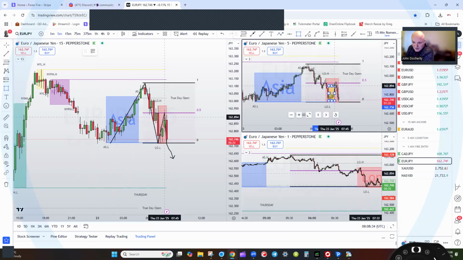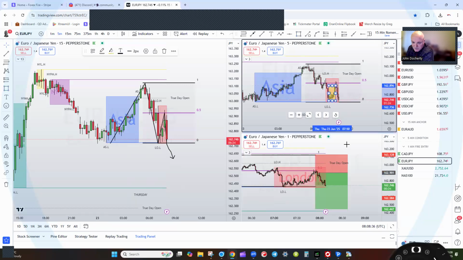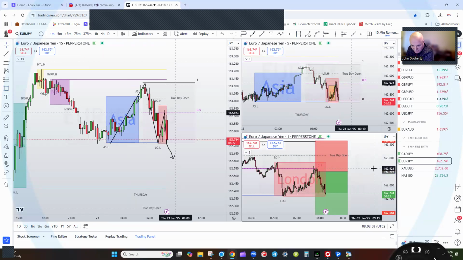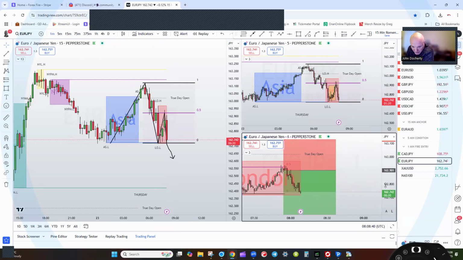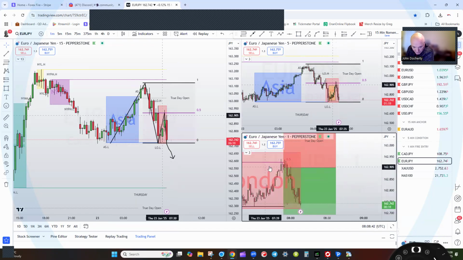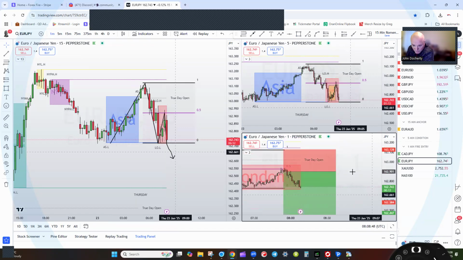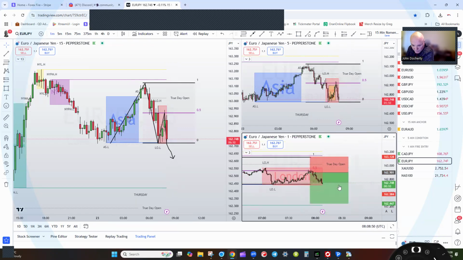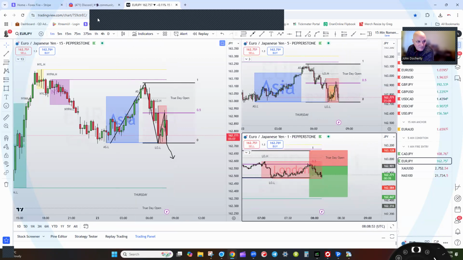We did, in fact, have our separation candles, and then from there we're looking for a bearish candle after a bullish, so a bearish engulfing after a bullish. We've got it right here, so we're on for 1 to 2, and we're about halfway there.